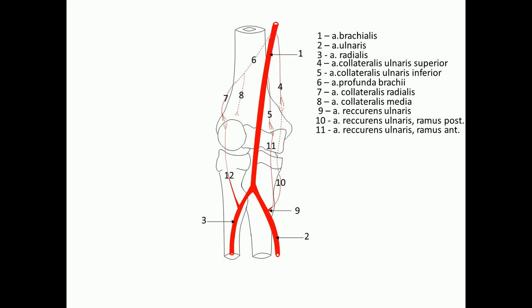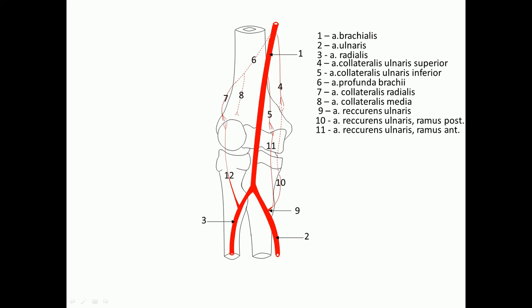So arteria recurrens is a single artery, but nevertheless it divides into rami, ramus anterior and ramus posterior, which communicate with the collateral arteries.